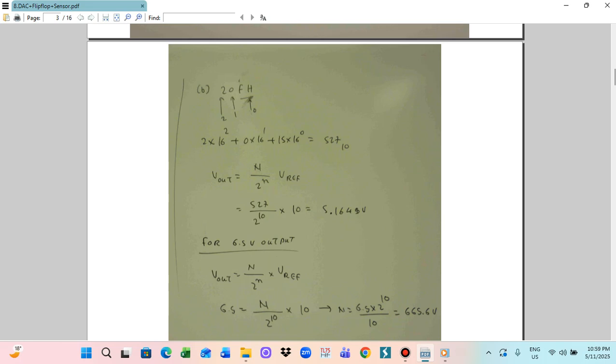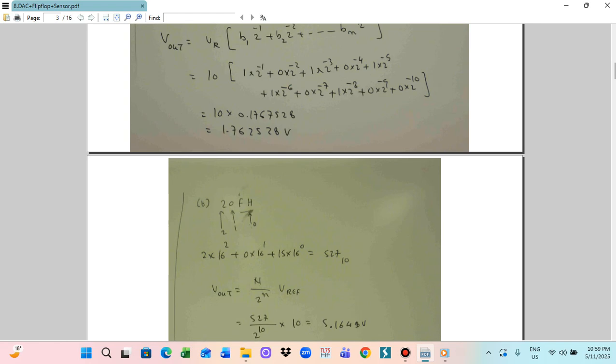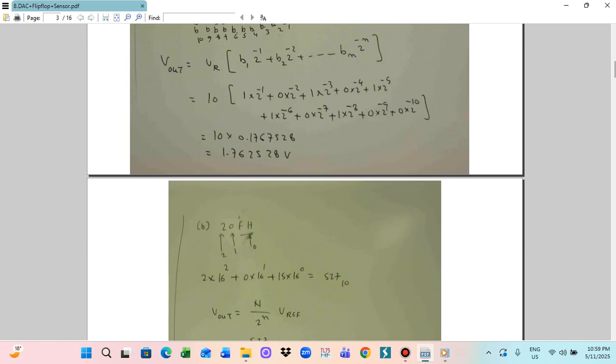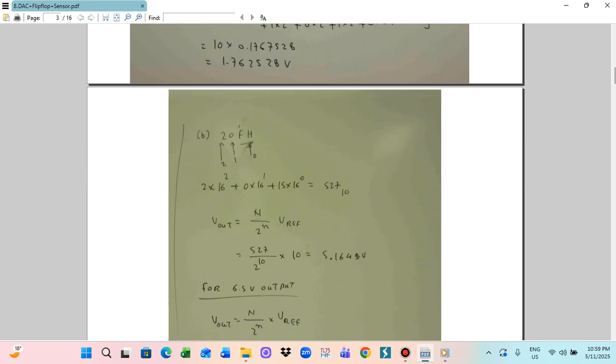Yes, this should start from 0: B0, B1, B2, B3, B4, 5, 6, 7, 8, 9. Here B0 is 1, but here we use the letter 2 power minus 1. It doesn't matter.